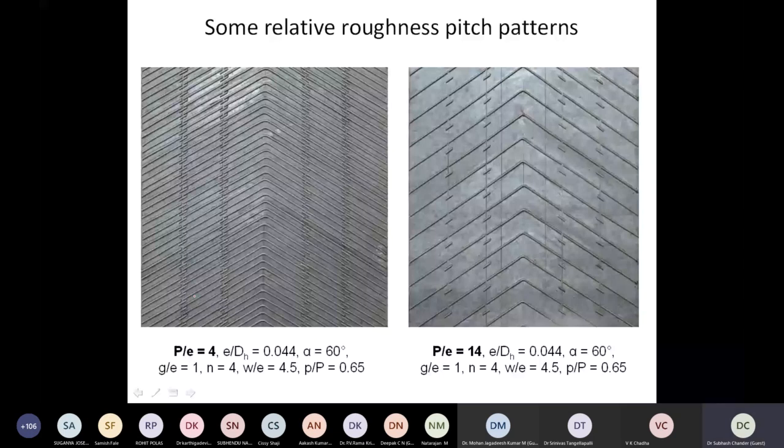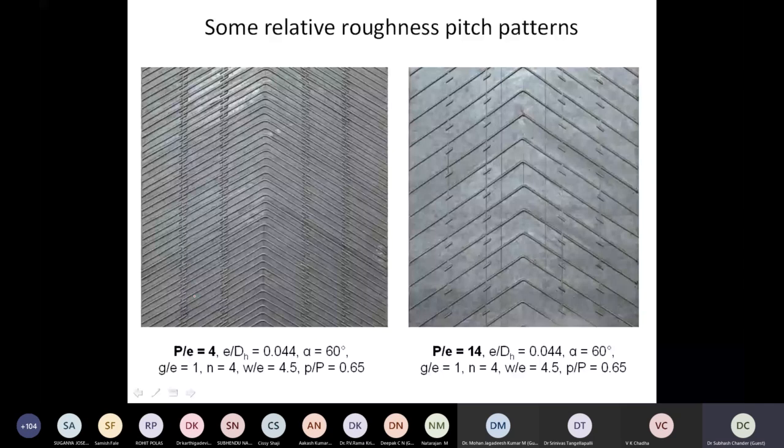Huge work that he did. So very laborious, and ultimately he could generate some useful data. But I always see there should be some simpler way of putting roughness elements over the surface. But for systematic scientific study, we need to go for such detailed experimentation.